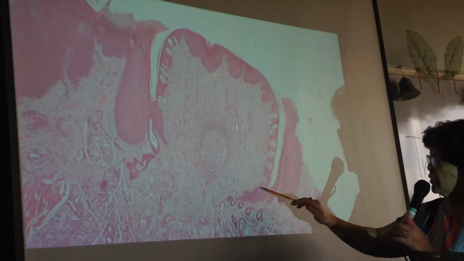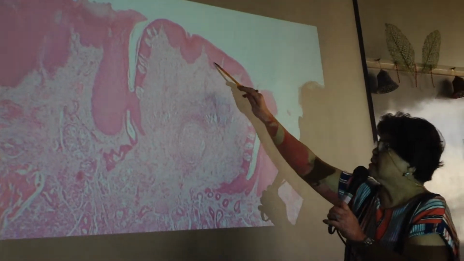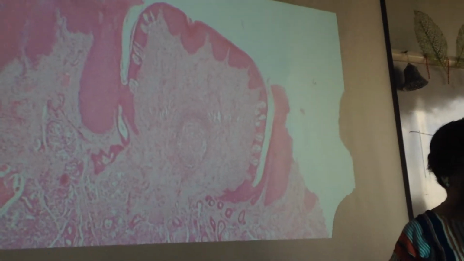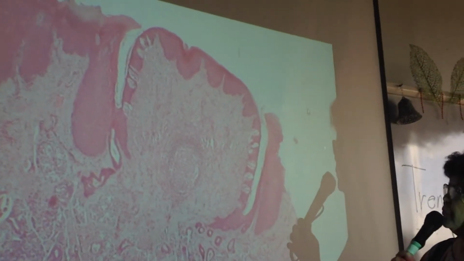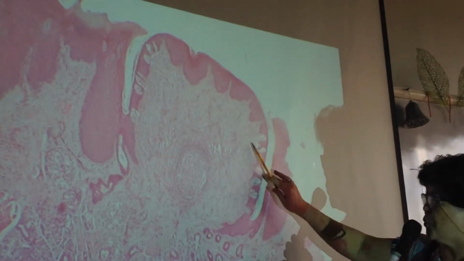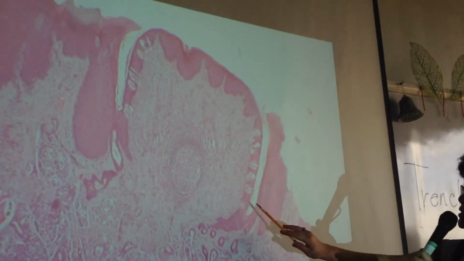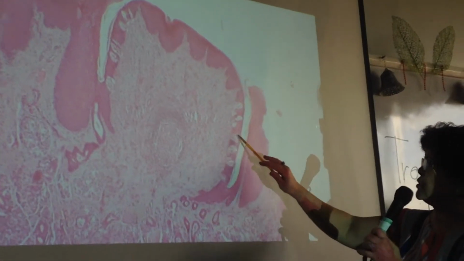It is lined, and those are your connective tissue. It is lined by a stratified squamous epithelium, non-keratinized or wet type. And this is the lamina propria. At the sides of the circumvallate papilla, you will see the receptors.